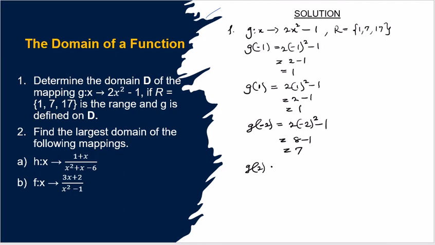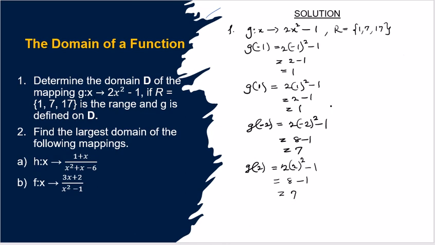Now g(2) equals 2 into 2 squared minus 1, which is 8 minus 1, which is 7. So we can see here that 2 also has an image of 7.